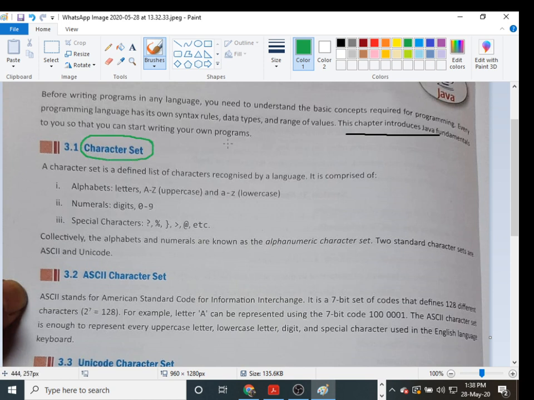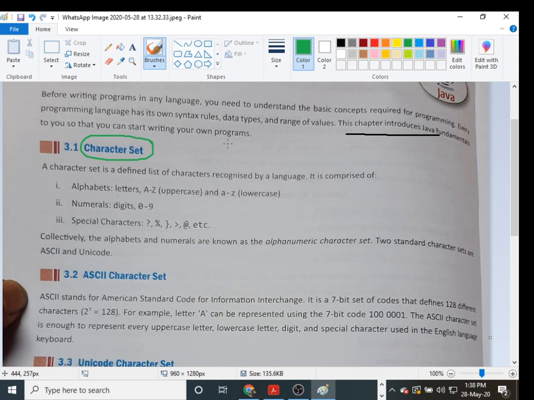What is a character set? When we talk, generally we use Hindi or we use English for talking. So if you are speaking in Hindi, then you use the words from a to gya.